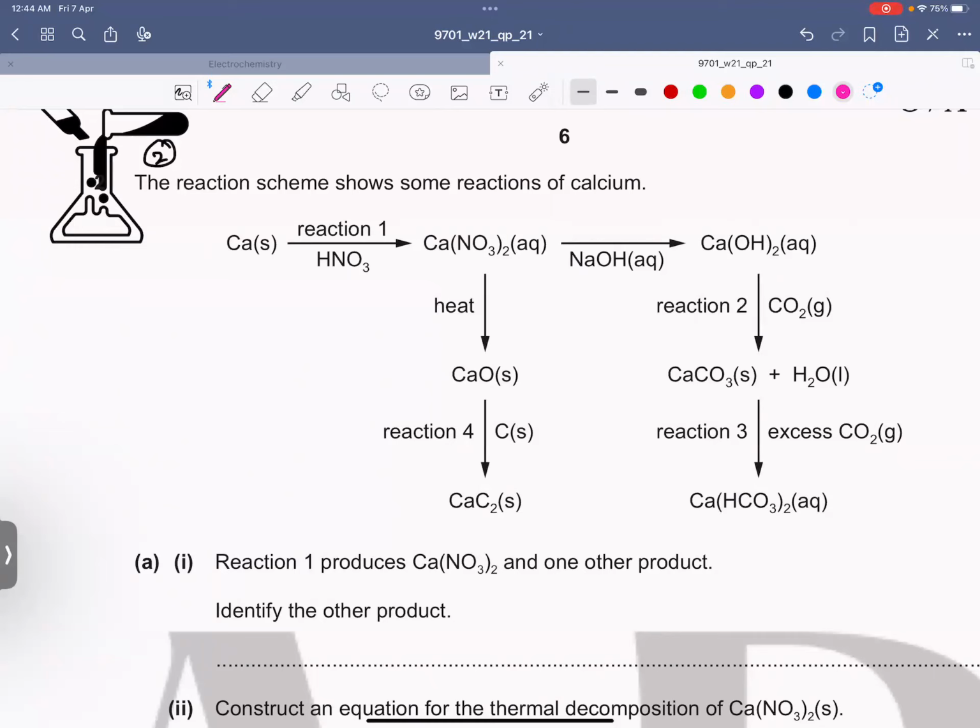Here we need to heat and then react with carbon. Then in reaction 2, calcium hydroxide reacts with carbon dioxide, forming calcium carbonate and the excess of carbon dioxide.